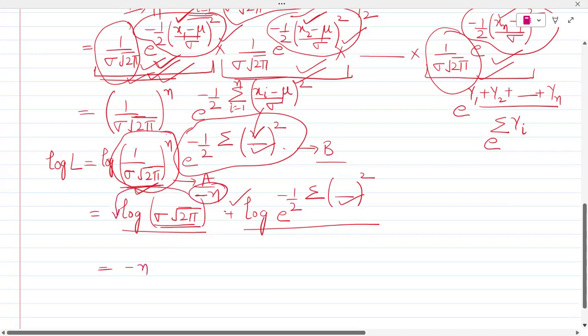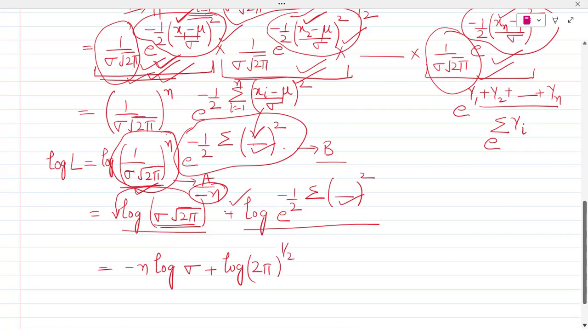So minus n log, and moreover it will be sigma plus log of 2 pi raised to power 1 by 2. So once again, this term sigma is A, and this root 2 pi is B. So log of A plus log of B. And actually 2 pi is under the square root, so we can write it like this, the square root.